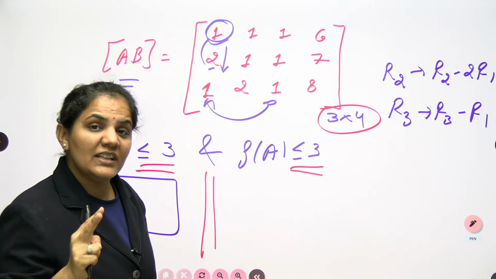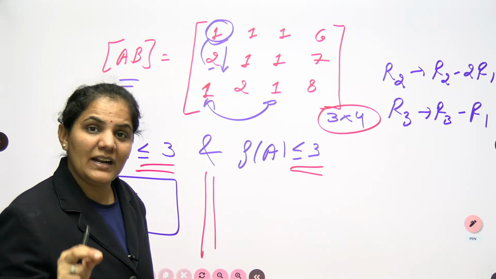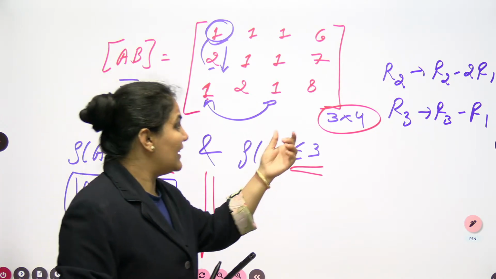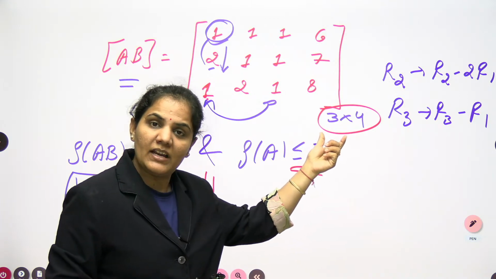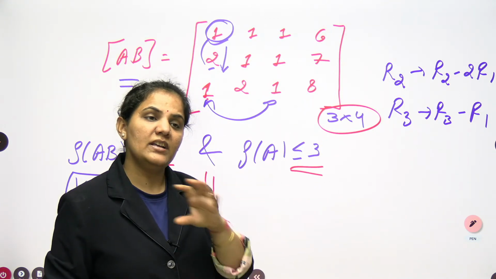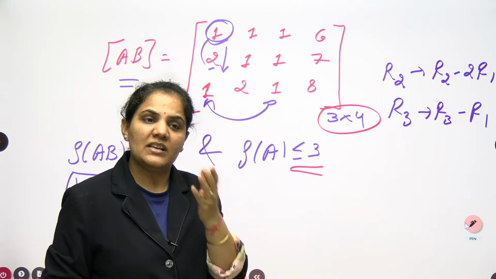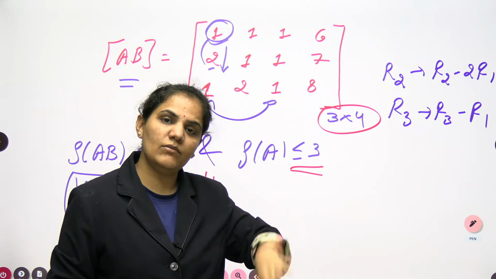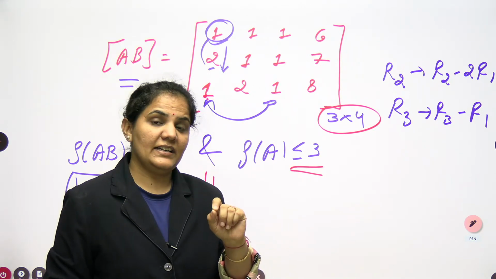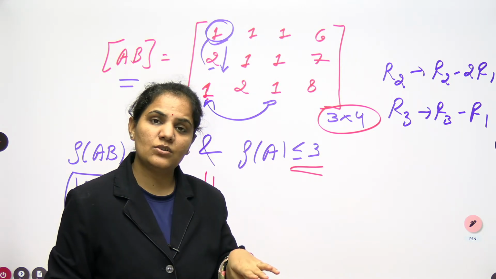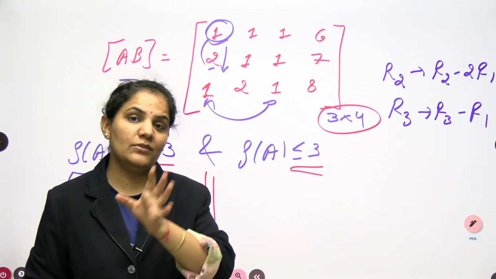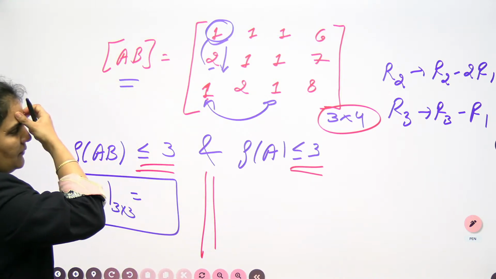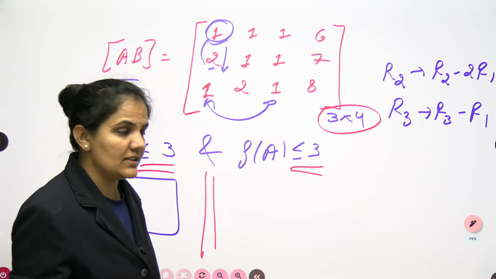Whenever we have a rectangular matrix, remember this point: if you leave only the last column, the remaining columns can give you the rank of matrix A and AB, always, unless there is a no solution case.